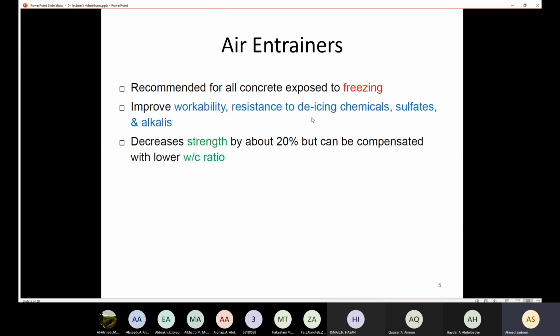In cold regions where we have snow, we are going to use de-icing chemicals on the roads so that the ice is going to melt, and that is going to improve the traffic movement of the cars. And also is going to improve the resistance to sulfates and alkalis.